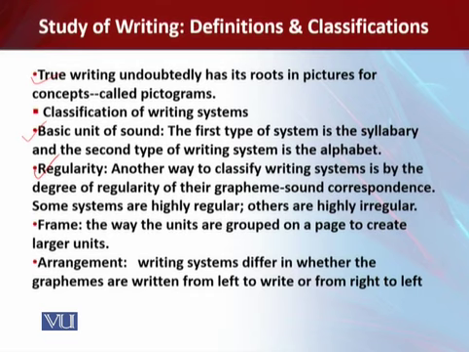For instance, the perfect alphabet would have only one symbol for every meaningful distinct sound. Few alphabets actually have a perfect one-to-one correspondence between symbol and sound. We have seen that English certainly does not.